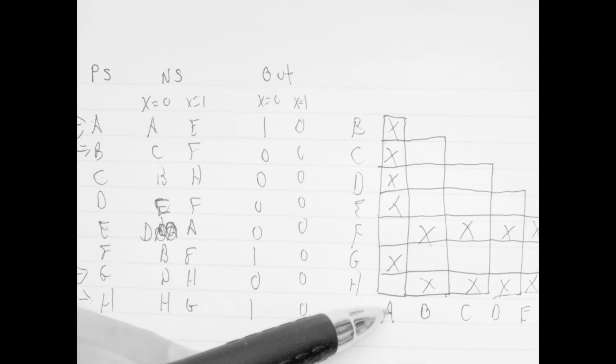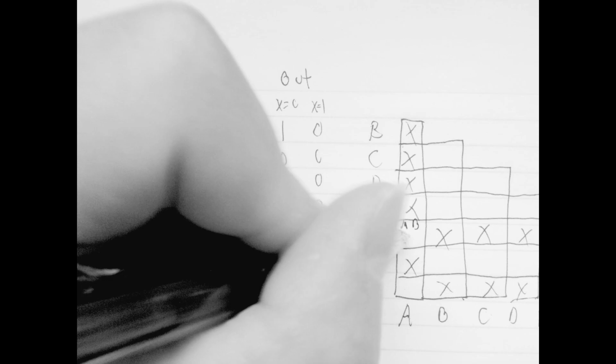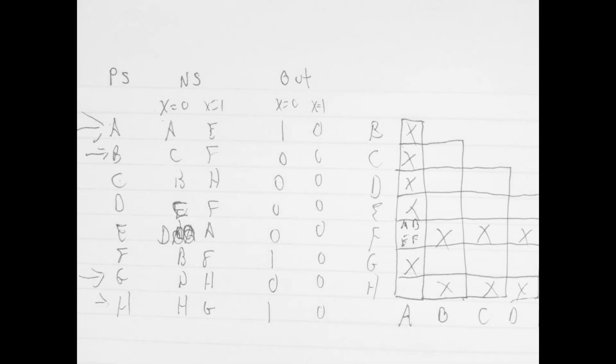Then, if you want to make your relationships clear, you go from A to F. If you go from A to F, we see A, B, E, F, and so we put A, B, E, F right in the squares.